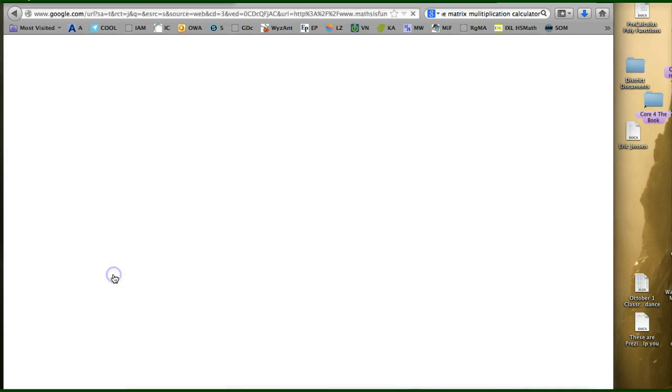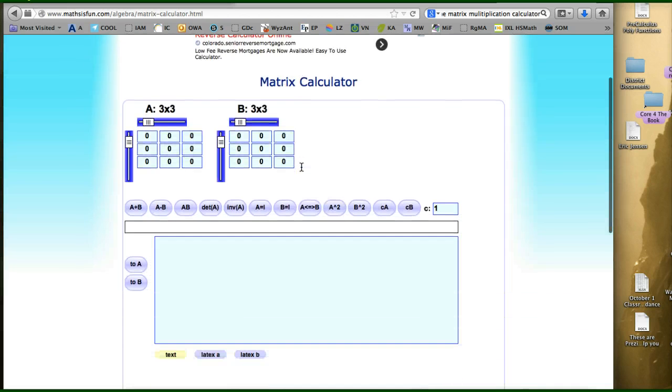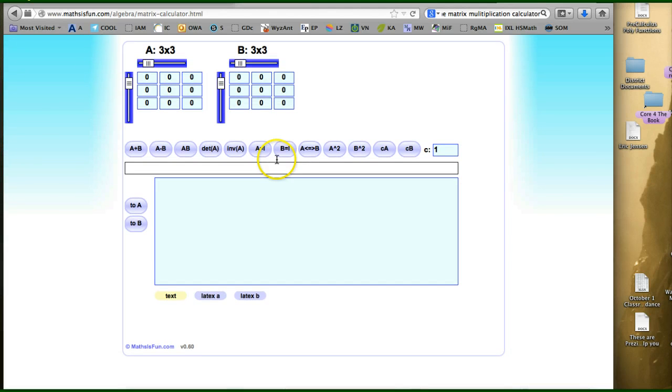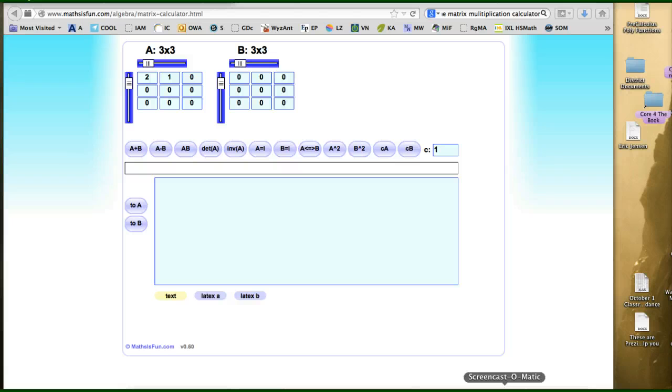Math Is Fun, Matrix calculator. Okay, so I'm just going to do what I told you I did, and you can just watch me do it. 2, 1. Let's make sure my screen is big enough. There we go.